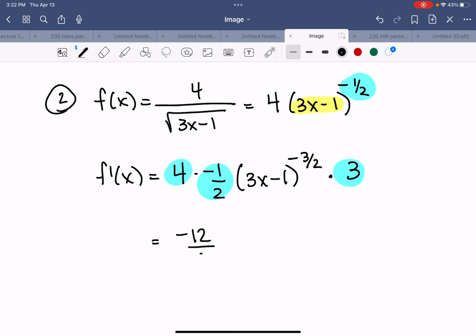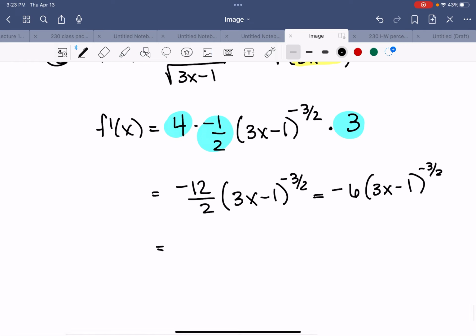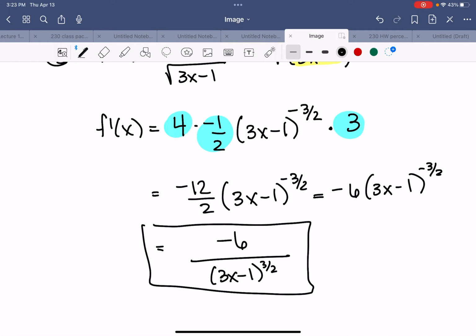And then I've got a 2 on the bottom. And of course, negative 12 over 2 is just negative 6. Okay, and now I have it almost perfect, but I want to rewrite it without that negative exponent. So the negative 6 will stay up, and I'm going to move that 3x minus 1 to the 3/2 to the bottom, and that will give me my final answer.